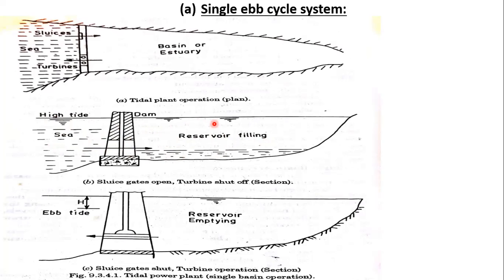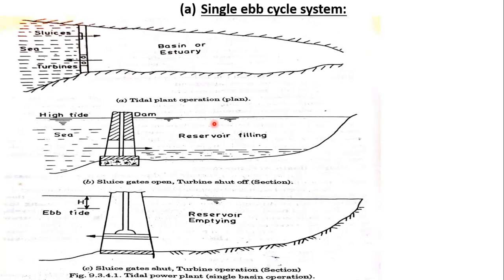So now when there is a difference between the full reservoir level and the falling tide level, the turbines will be started and they will be working until the rise of the level in the next flood tide, and the falling reservoir level reduces to an effective head on the turbines.